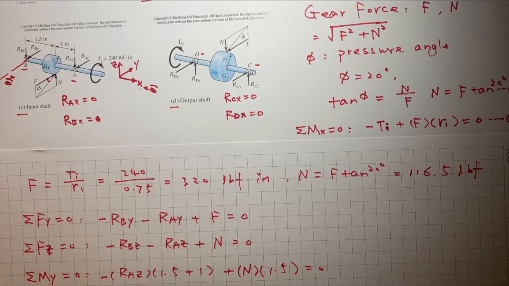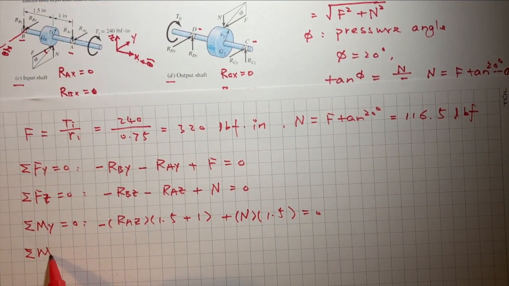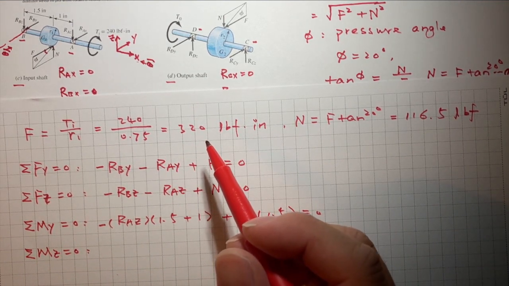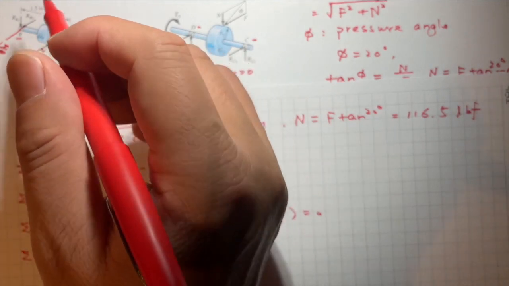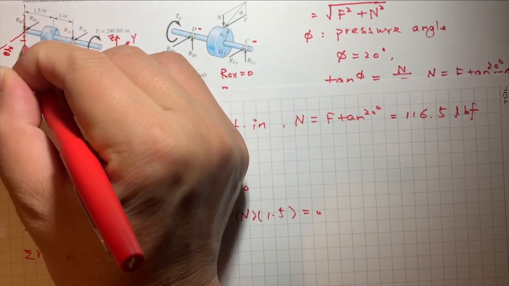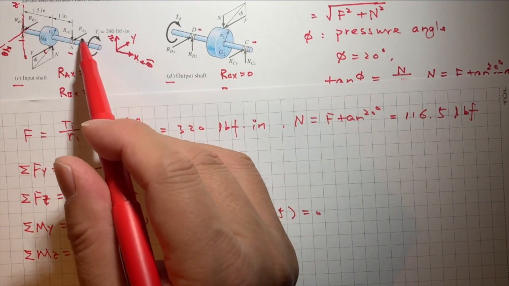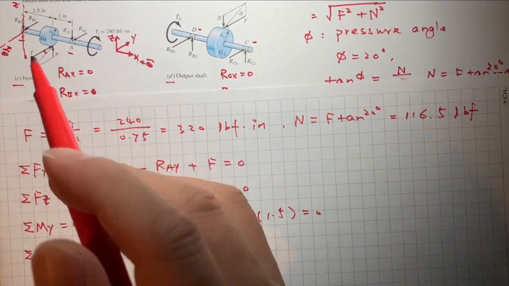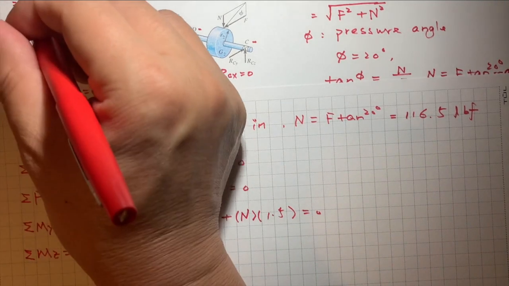So that is the moment about the y-axis. Now let's look at the moment in the z direction. Let's put the z-axis here. In that case, RAY is going to produce negative RAY times 1.5 plus 1, looking from the top.